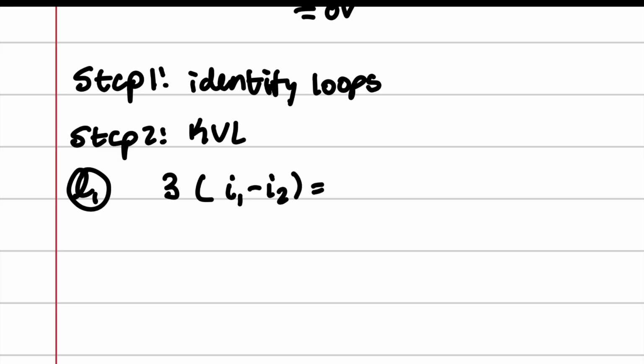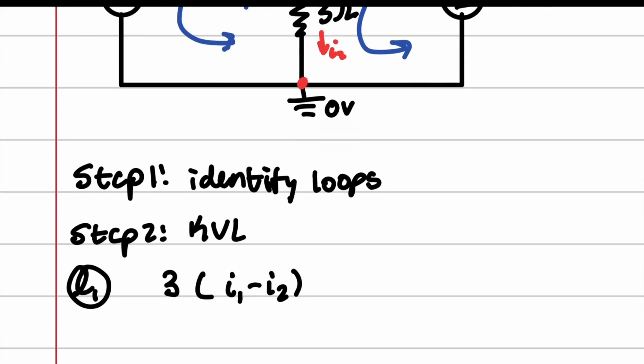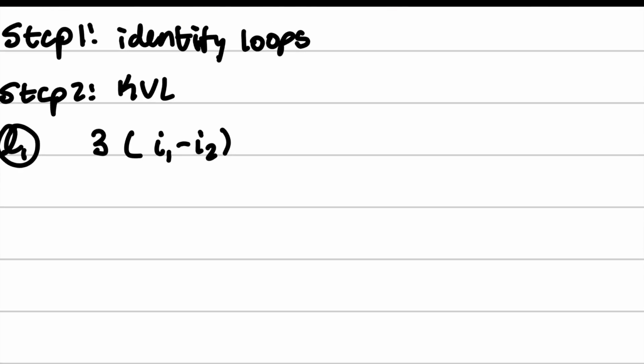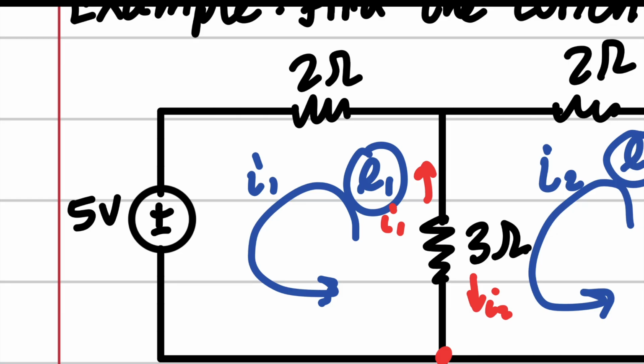Okay? Not equals yet. Now we're going to step through the 2 ohms right here, and we only have the I1 current in it. Plus, now notice, we are going into this battery from the positive side.